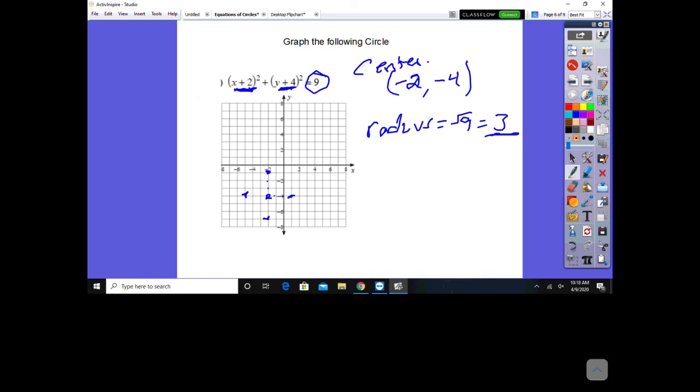Then those 4 dots show us the edges of the circle. So from there, I do my best here to draw a nice, not so perfect circle.